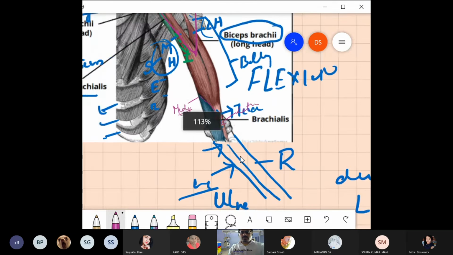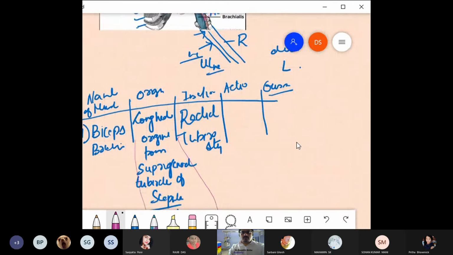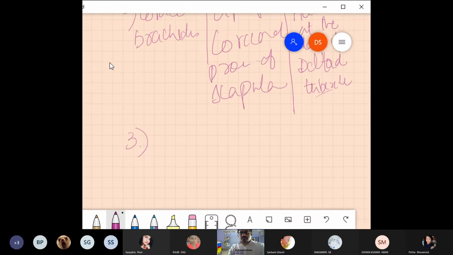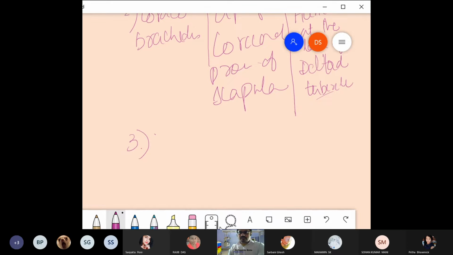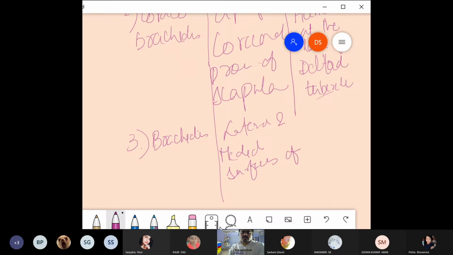Okay, so going to the list I will write exactly this. For the third muscle, the brachialis, origin of the brachialis should be the lateral and medial surfaces of the humeral shaft. Right, that is the origin of brachialis.